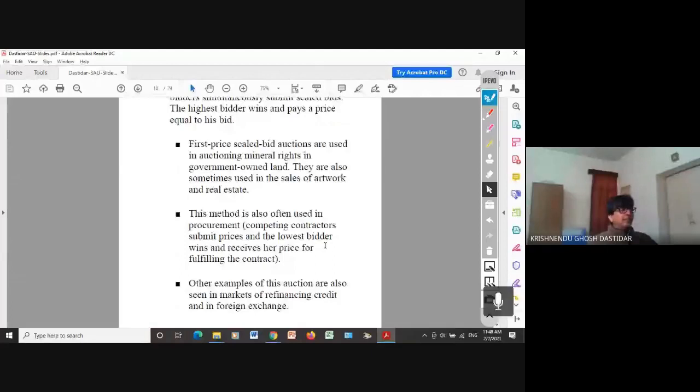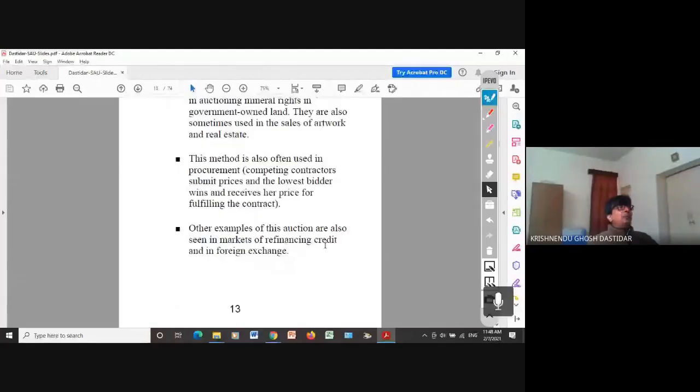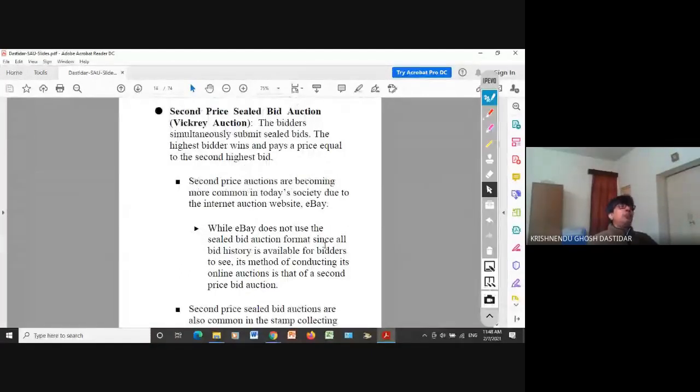Now, the second type of auction is called the second price sealed bid auction. Since Vickrey was the first person who analyzed it properly, we often call it the Vickrey auction. What is the thing here? There is an auctioneer who has an indivisible item up for sale, and some potential bidders submit bids in sealed envelopes, just like first price auctions.